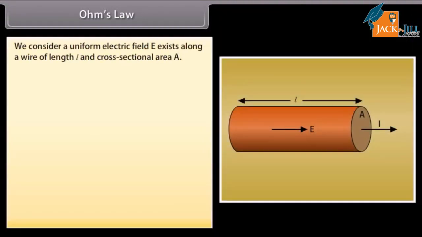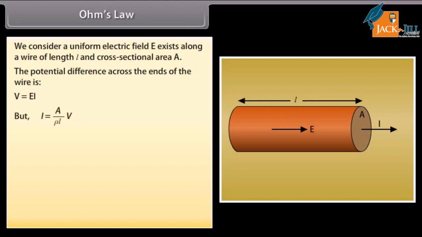We consider a uniform electric field E along a wire of length L and cross-sectional area A. The potential difference across the ends of the wire is given by V is equal to EL. But I is equal to A upon rho L multiplied by V, where rho is the resistivity of the material.